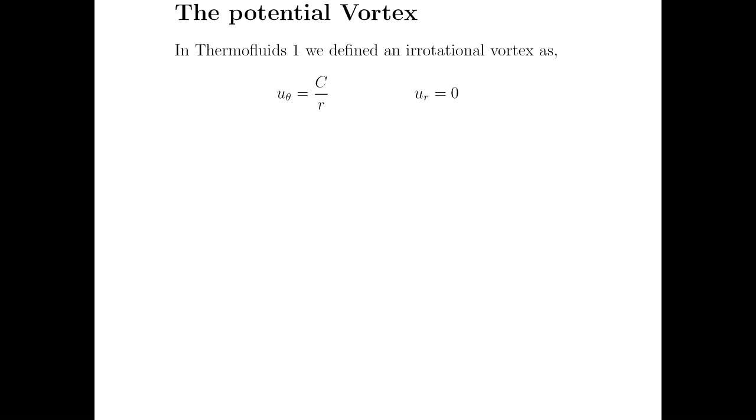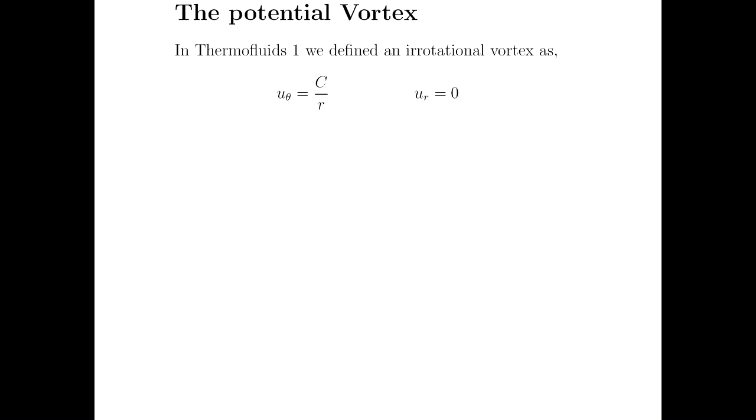I guess most of you have been to this week's tutorials, yes? If you've been to this week's tutorials, you've probably seen this new simple flow, which we introduced in the tutorials but not in the lectures yet. I'll be introducing it to you today, which is the potential vortex. Hopefully most of you have seen this in your previous fluids course.